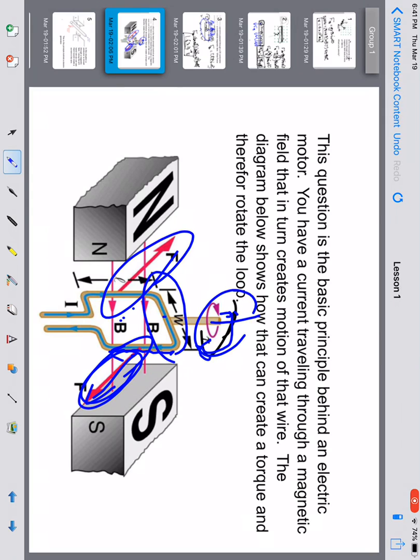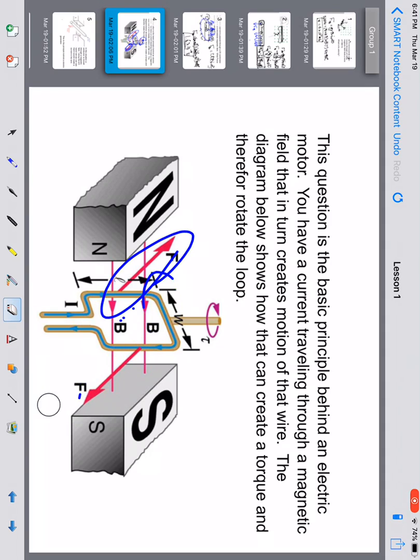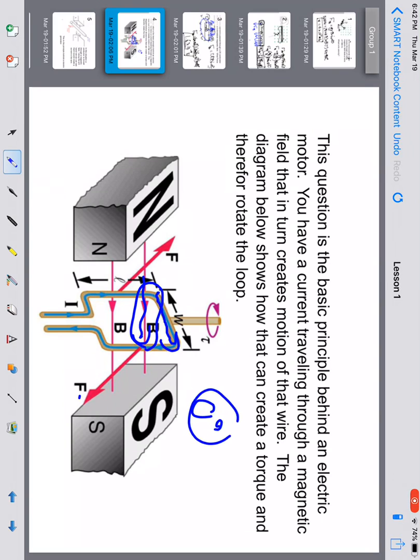Now, you might have a question about this side. So let's erase again. This side here, the current will be flowing this way. Now, if you remember correctly, if the current is flowing in that direction and the magnetic field is basically moving in that same exact plane, the angle between those would be, well, 0.